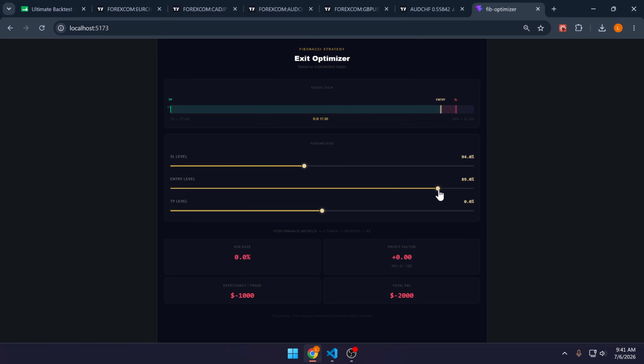But if I just move my entry level, maybe like this, you will see that my total PNL obviously increased because my RR is 12.43 and it's a lot higher. But if I just move my entry level to 90%, for example, the trade that reached 88% is not included. So my total PNL is 2000.